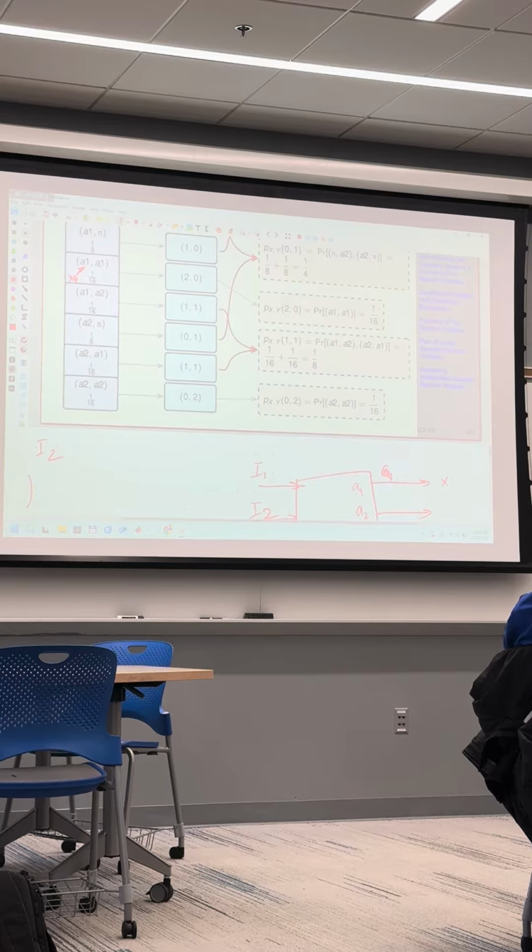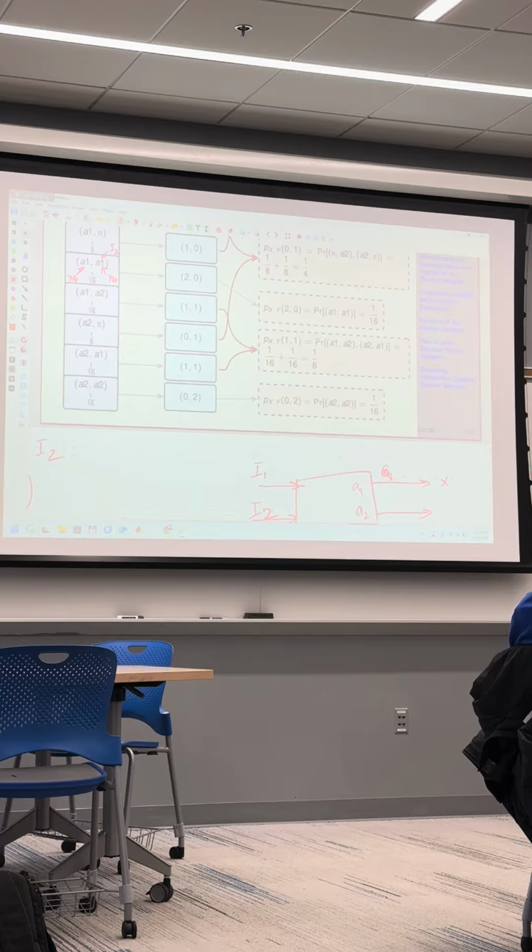A packet arrived in input port number 2 with probability 1/2, and the packet went to output port number 1 because both of them are A1. So this gives you probability 1/4 in total. So 1/4 times 1/4, the total joint probability is 1/16.